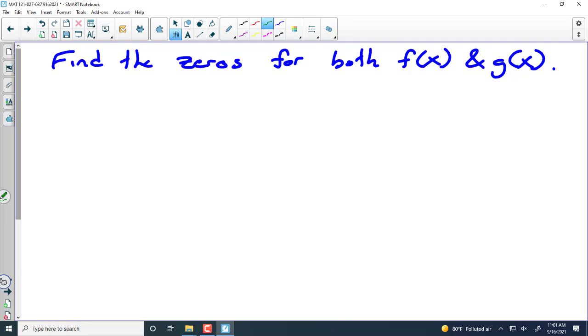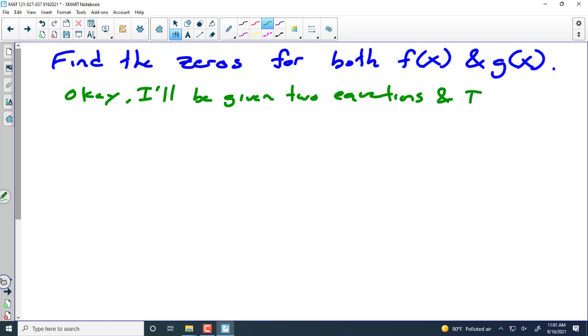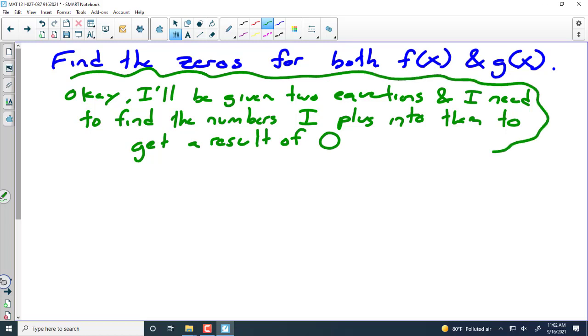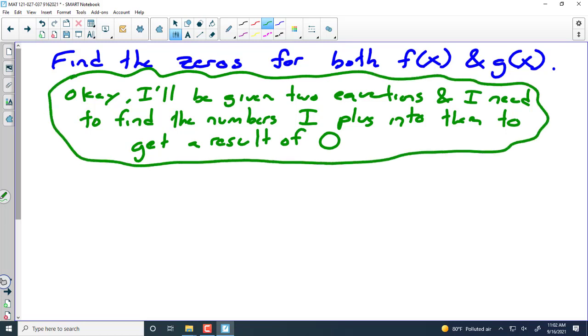What that means, what I'm thinking is this: I'll be given two equations, and I need to find the numbers I plug into them to get a result of 0. That's what I'm thinking of when someone says, I'm going to give you two equations, find the zeros. I'm going to need to find the numbers that get plugged into these equations to give me zero. That's what I'm looking for.